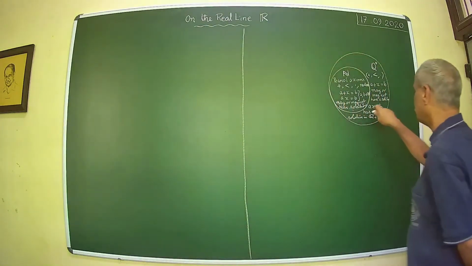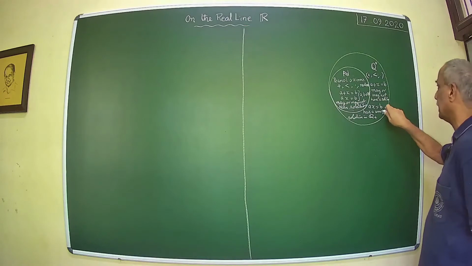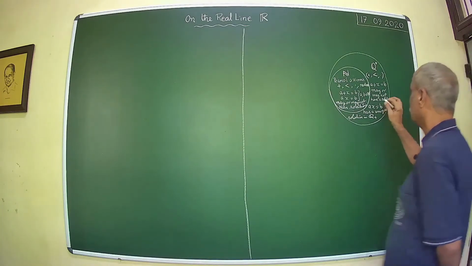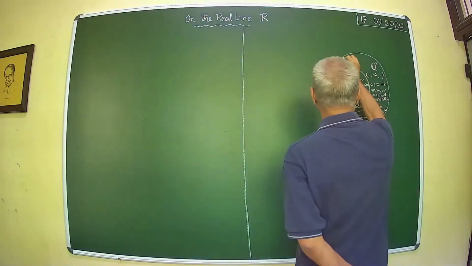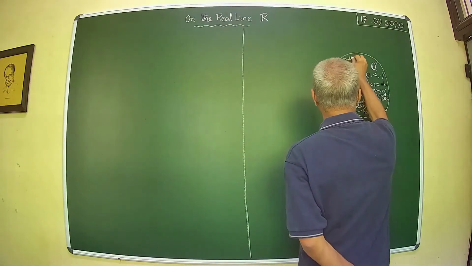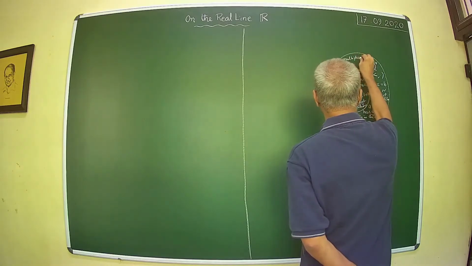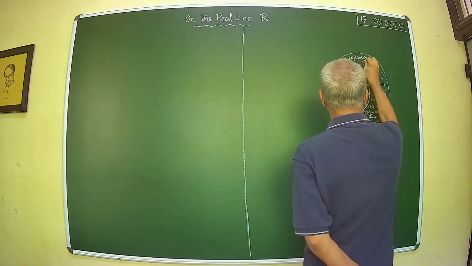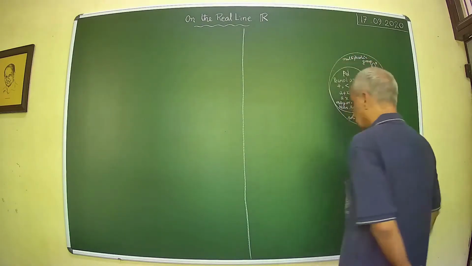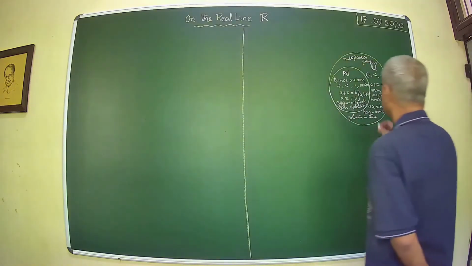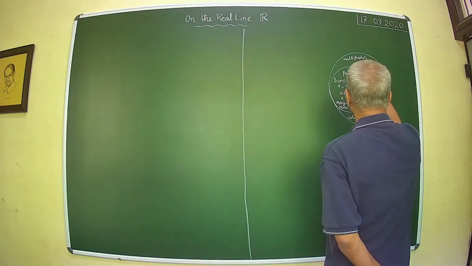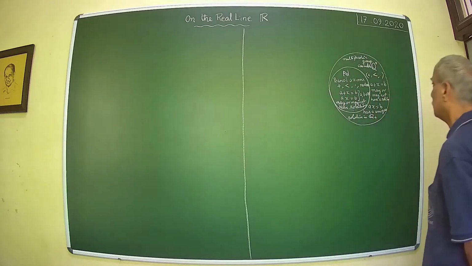And because of this, you see that Q plus is a multiplicative group, which is commutative.